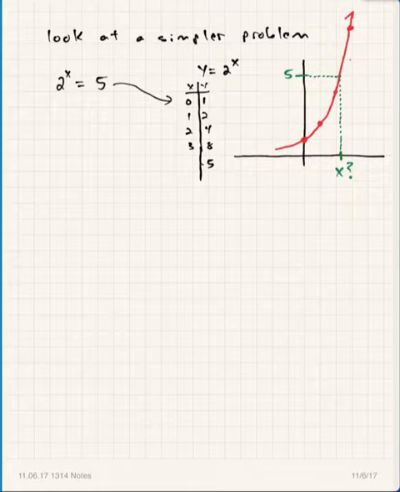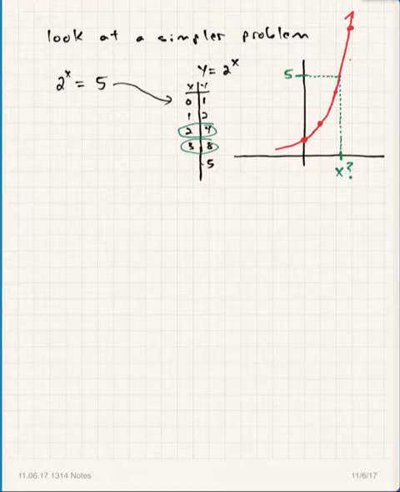Now, one thing I do know is that it's between 2 and 3. Notice that 2 is too small because 2 to the second power is 4. 2 to the third power is 8. It's too big. And so there must be some number between 2 and 3 where I could take 2 and raise it to that power, and I would get 5 for the answer. And so what is this number? That's what we want to try to get to.